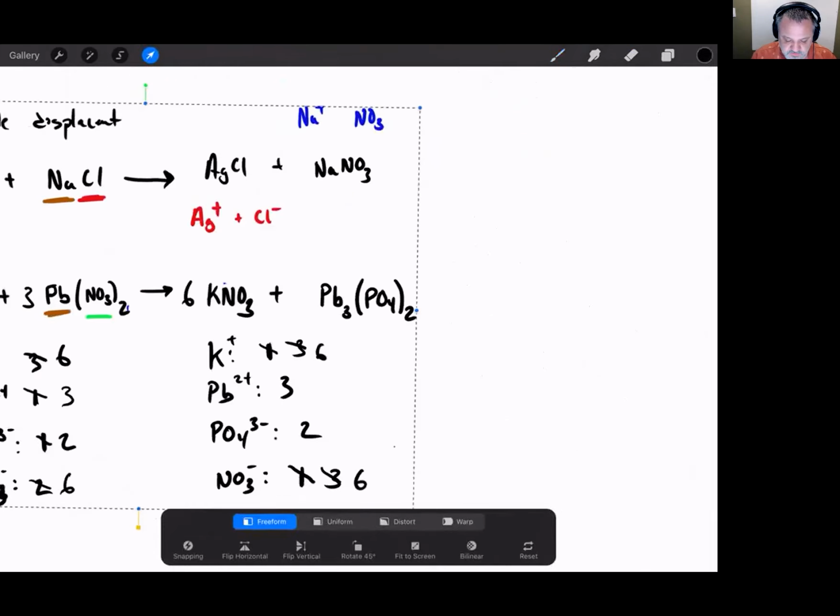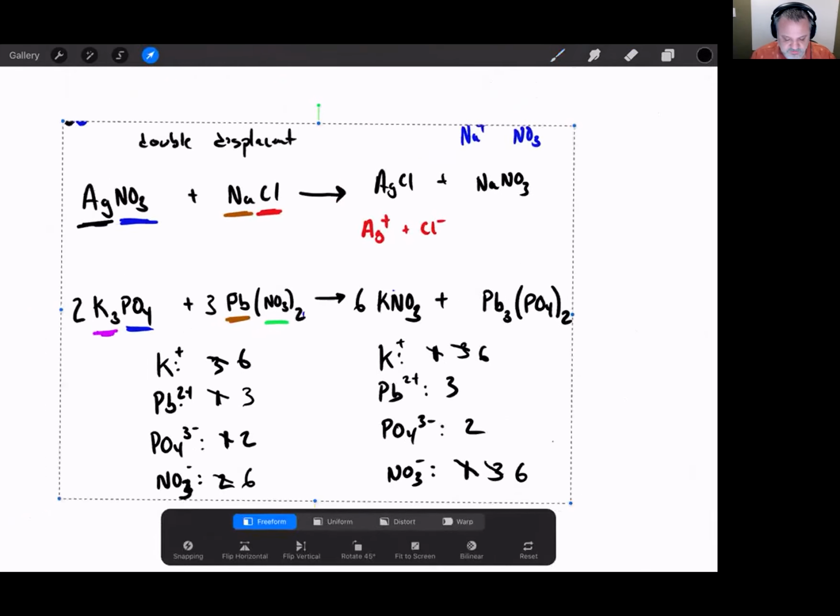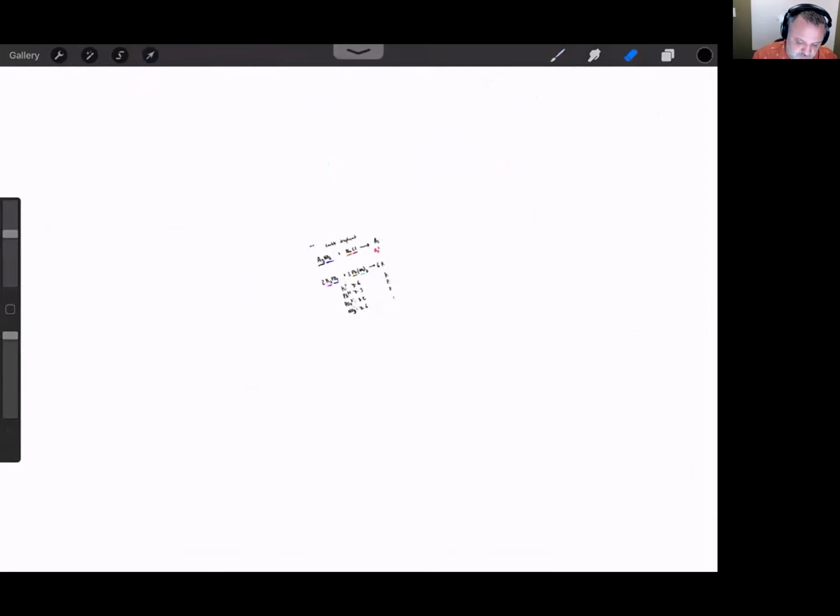Let's bring in solubility now. Let's bring back our state symbols.